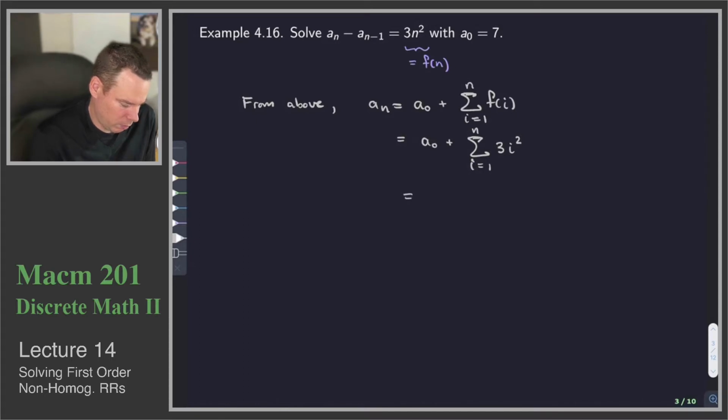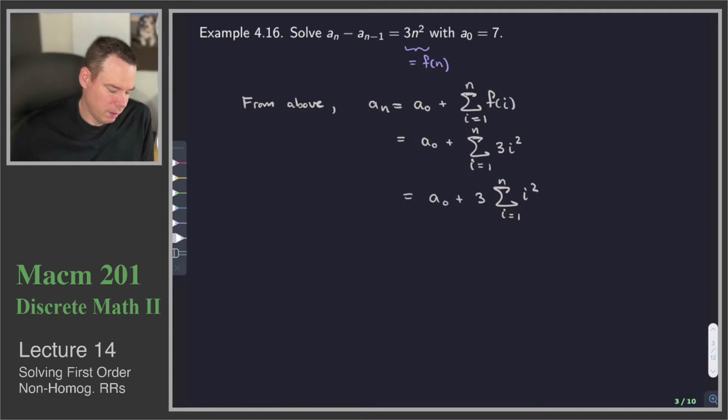I can factor out that 3 from all of those terms in the sum, and it just boils down to the sum of i squared. And our remarks from above said we can therefore solve the recurrence relation if we know the value of this sum. In this case, this is the sum of consecutive squares, and that's something we do know.